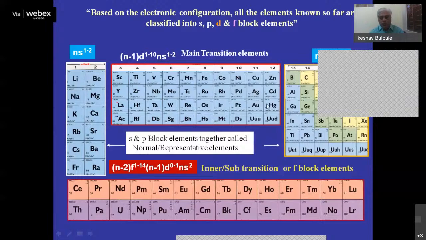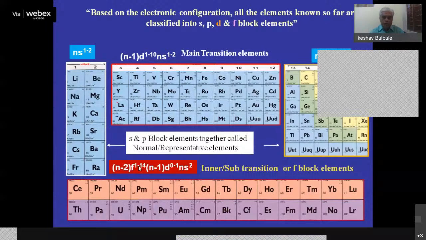And we have got two sets of 14 elements each, which are kept almost at the bottom of the periodic table with the general electronic configuration of (n-2)f1 to 14, (n-1)d0 to 1, ns2. Again, as usual, n stands for the principal quantum number.